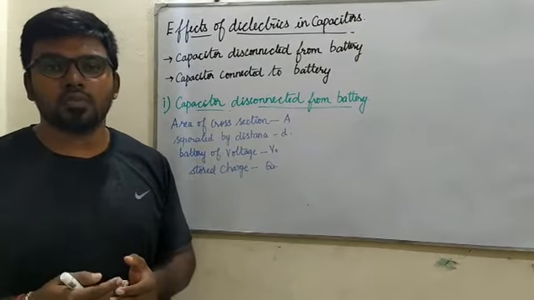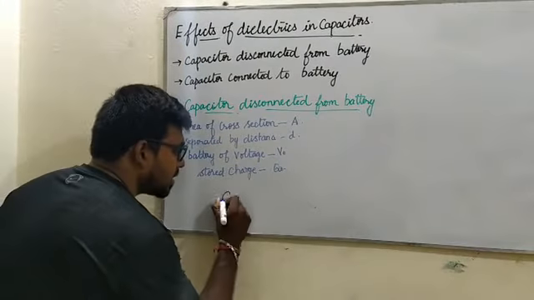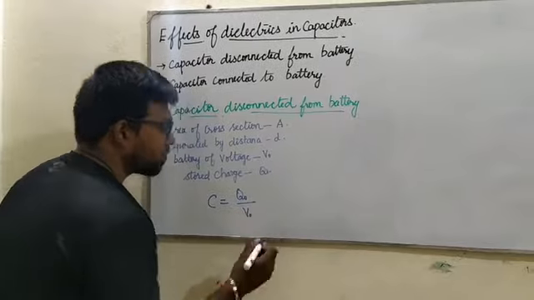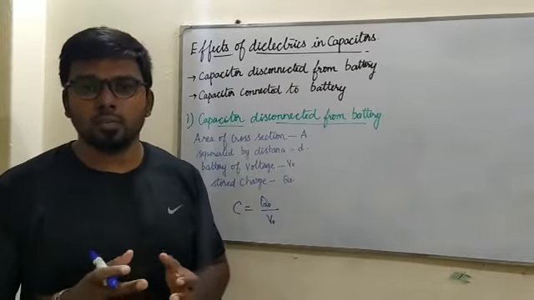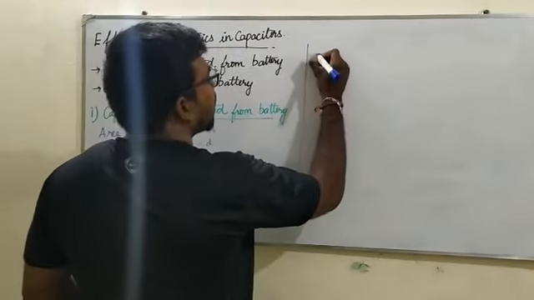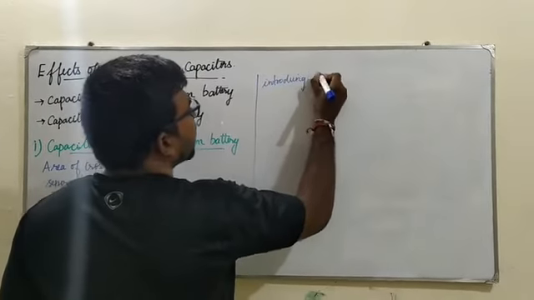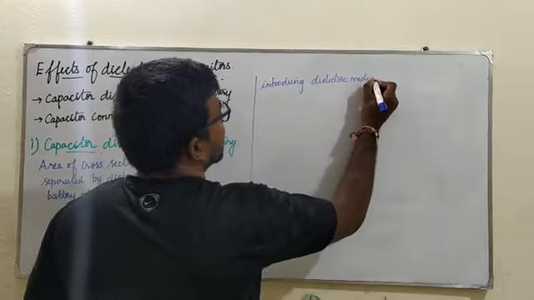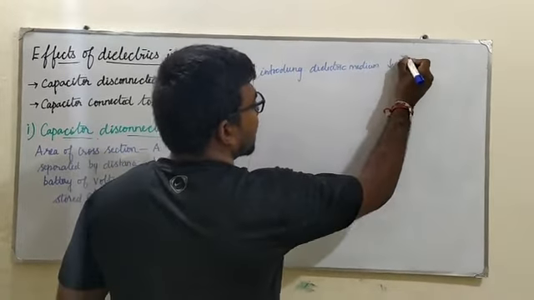Before the introduction of the dielectric medium, the capacitance of the capacitor will be C equal to Q0 by V0. Now, let us introduce the dielectric medium in between the two parallel plates, which gradually reduces the electric field.